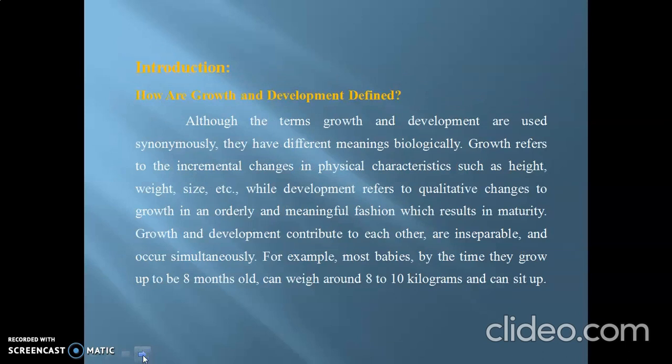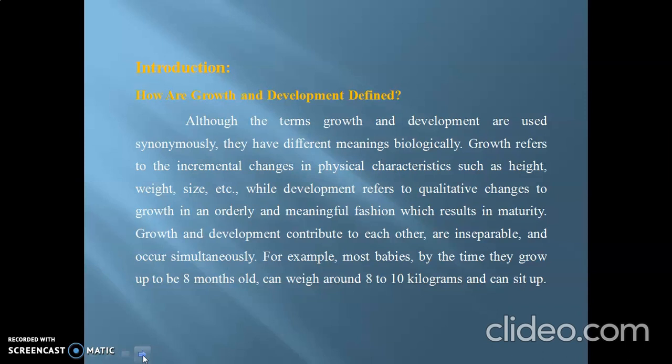Introduction. How are growth and development defined? Although the terms growth and development are used synonymously, they have different meanings biologically.